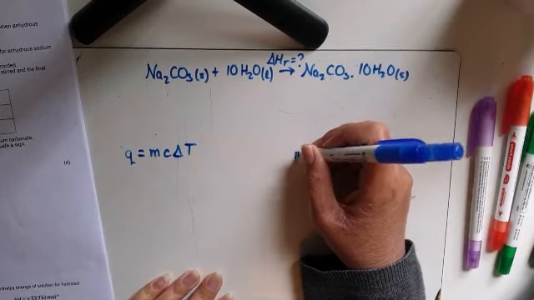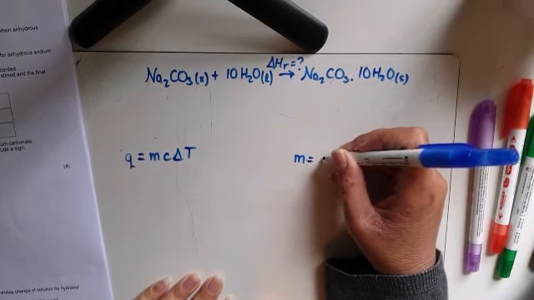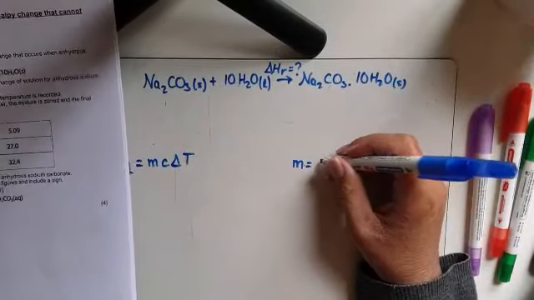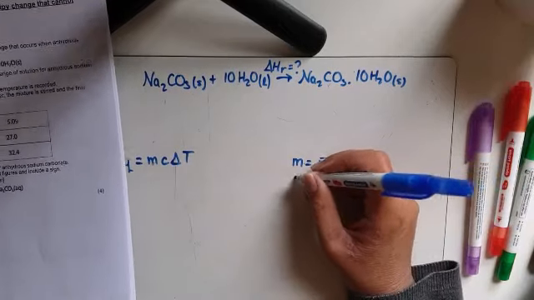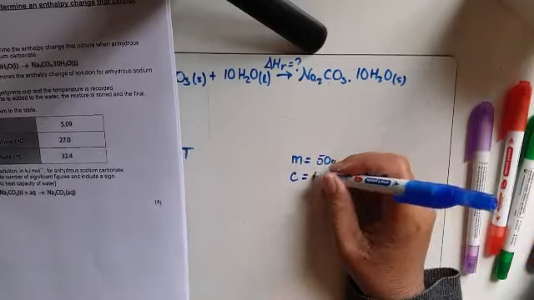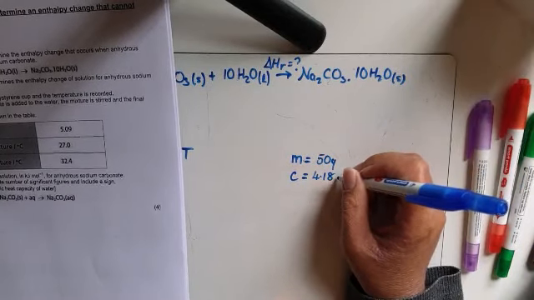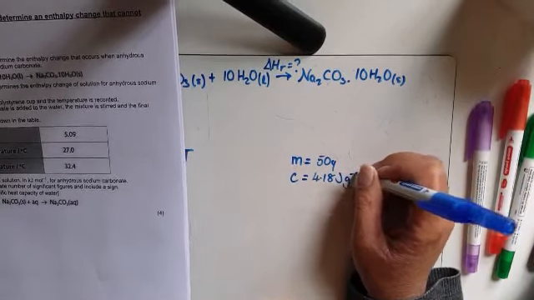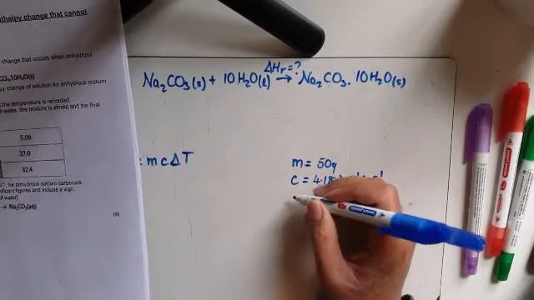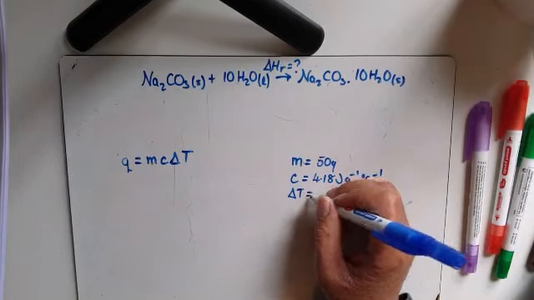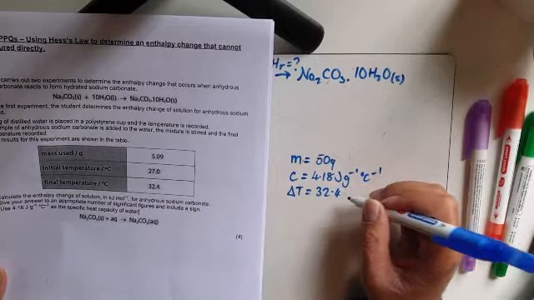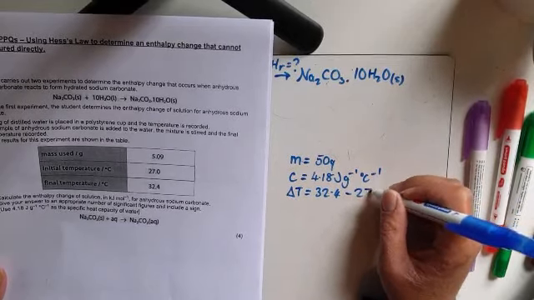I like to write out what each of the symbols means. So M equals, it's the mass, and there we've been told we've got 50 grams of distilled water, so the mass is 50 grams. C, that is the specific heat capacity, 4.18, and that's in joules per gram per degree C. And then delta T is the change in temperature, and that is 32.4 take away 27.0.